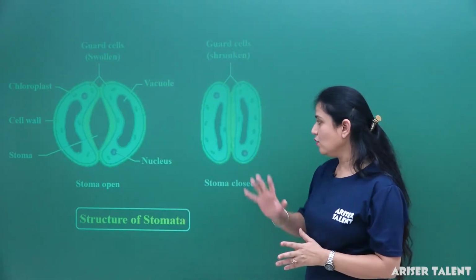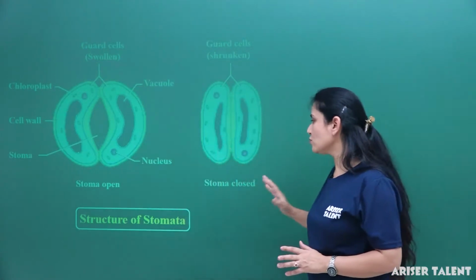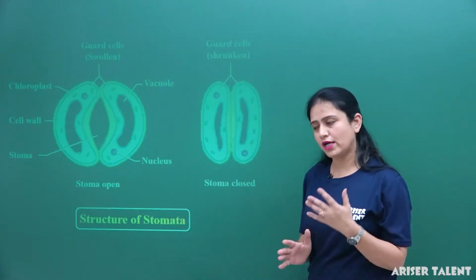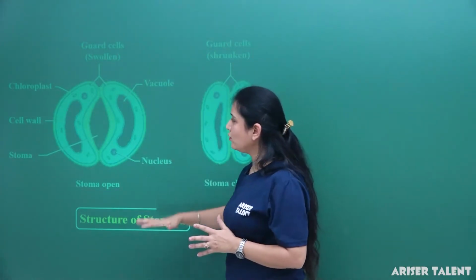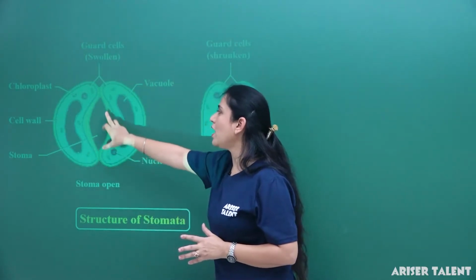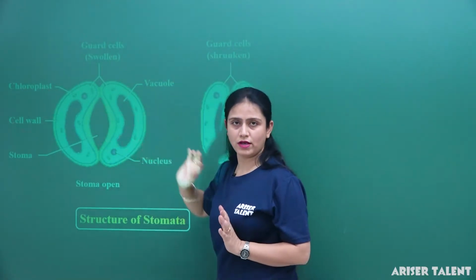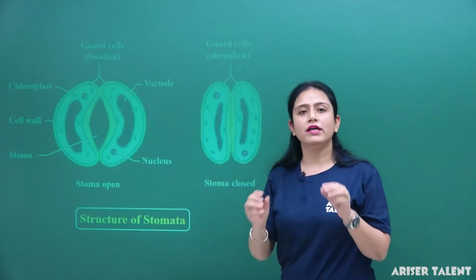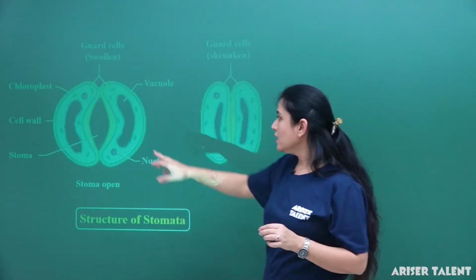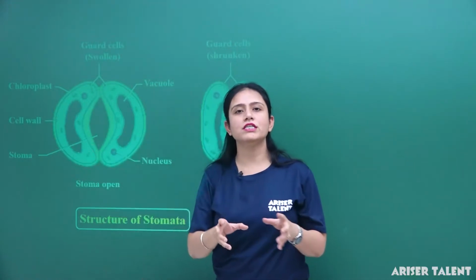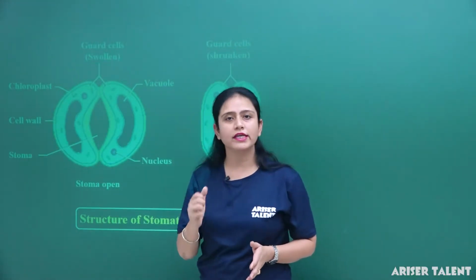Here we can see one stomata is open and one stomata is closed. Why is it so? I'll explain. Before that, I want to explain that this part of stomata is known as stoma. Generally this stoma is a pore which helps in the exchange of gases.